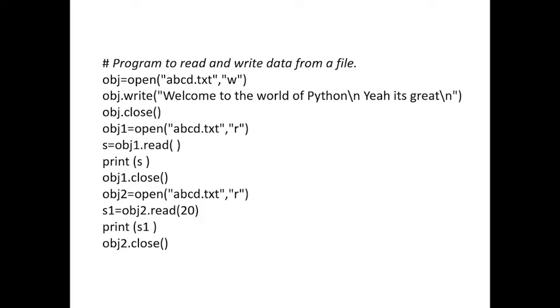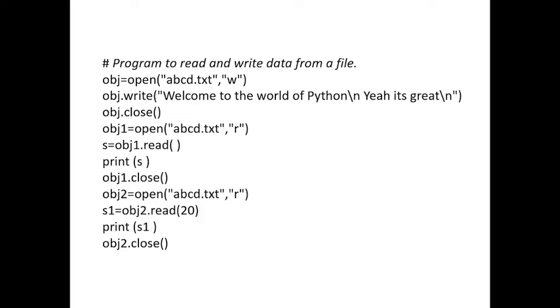Then obj1 will be closed and again obj2 will be opened, abcd.txt with r. s1 equal to obj2 dot read 20, so up to 20 characters only it will read, and that will be stored in S1, and we are going to print S1.